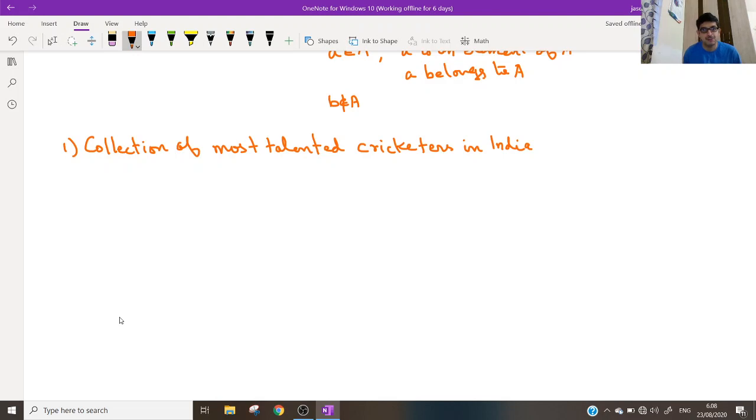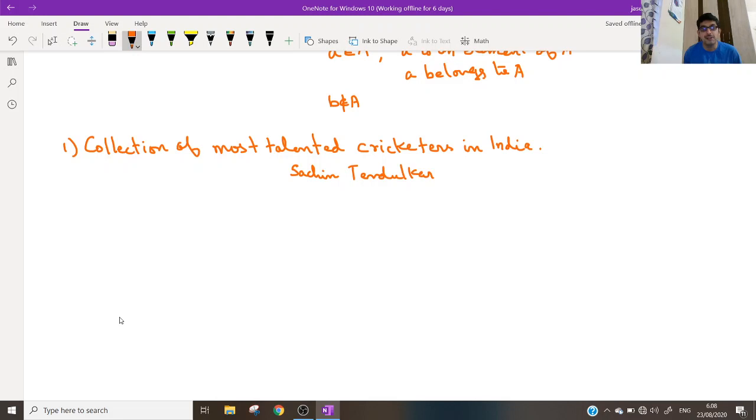If we give a certain name, suppose Sachin Tendulkar, we cannot clearly say whether he belongs, because it varies from person to person.